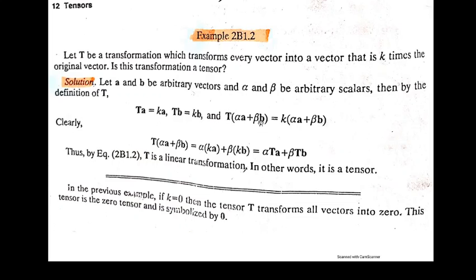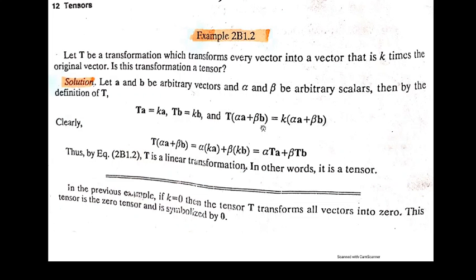then you can write T of alpha A plus beta B. This is the left side of equation 1.2. T of alpha A plus beta B is equal to k times this. This is the definition of the transformation. A is a vector, B is a vector, alpha A and beta B are also vectors, and their sum will also be a vector.